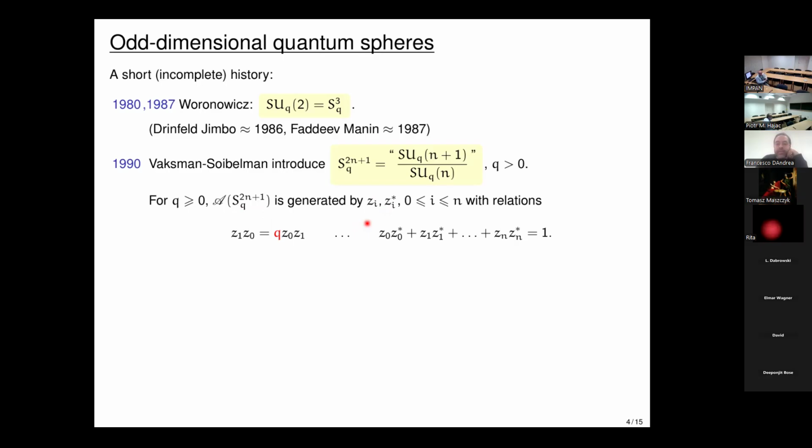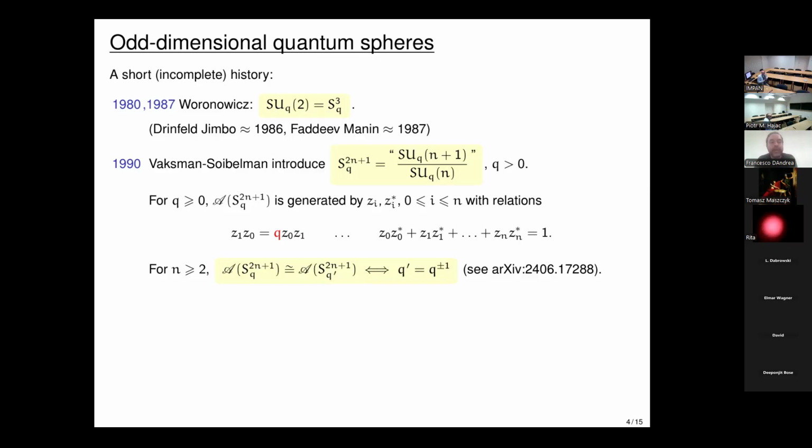And then you have a relation telling you that this is a unit sphere: zeta 0 zeta 0 star plus zeta 1 zeta 1 star and so on equals 1. So in some sense you are looking at unit vectors in a kind of quantum Euclidean space.